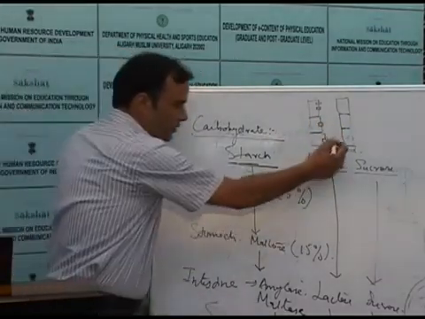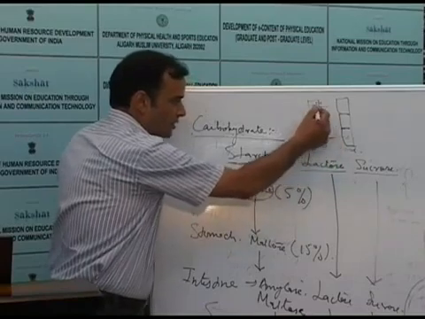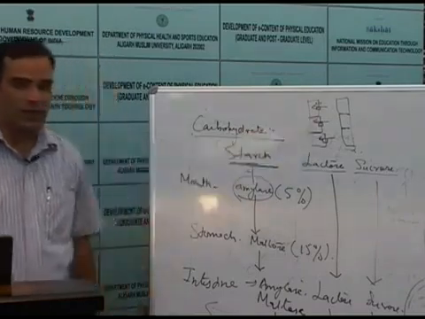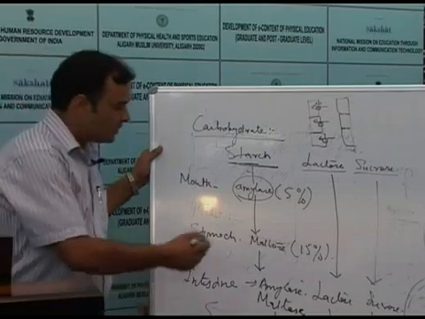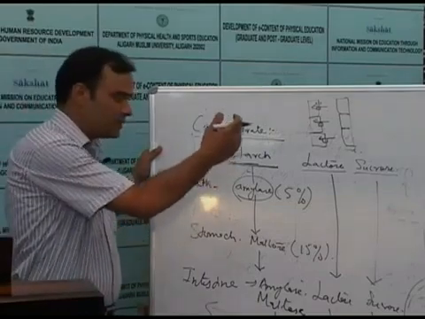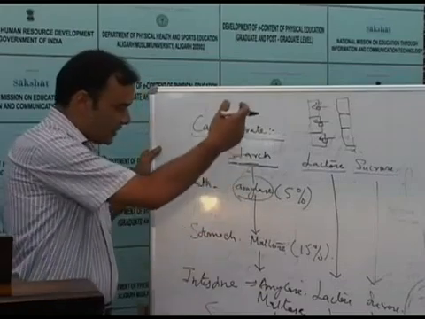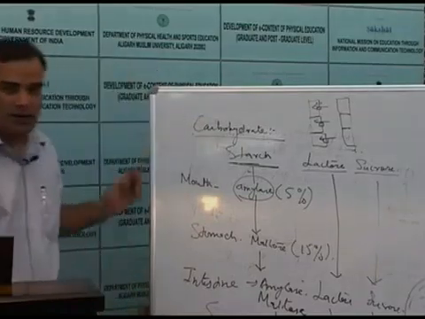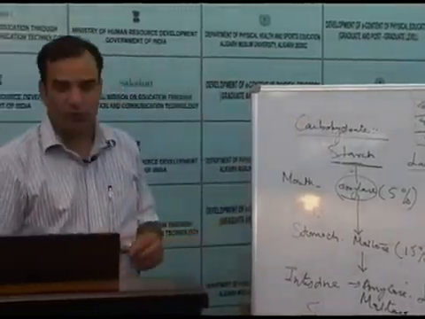Now, during their absorption, this maltose, lactose and sucrose are further acted upon by these enterocyte enzymes. These enterocyte enzymes are maltase, lactase and sucrase. So finally, the maltase, lactase and sucrase act upon these carbohydrates and convert them into glucose, galactose and fructose.